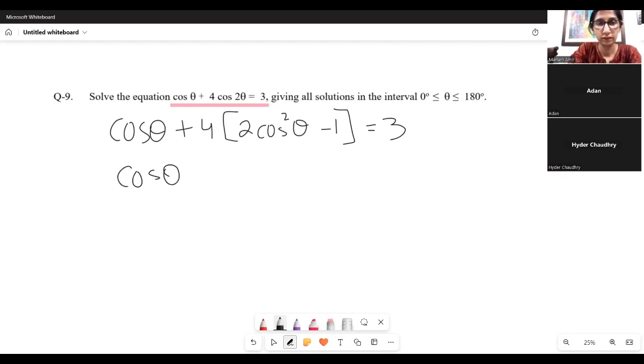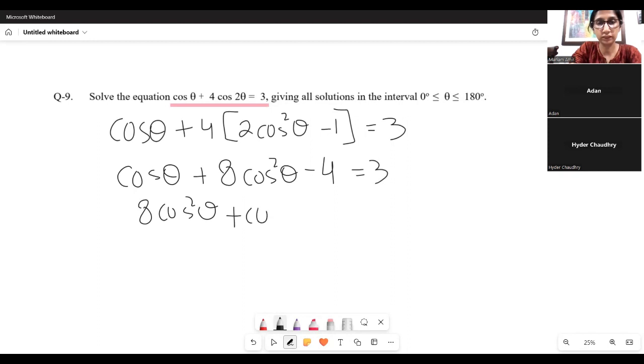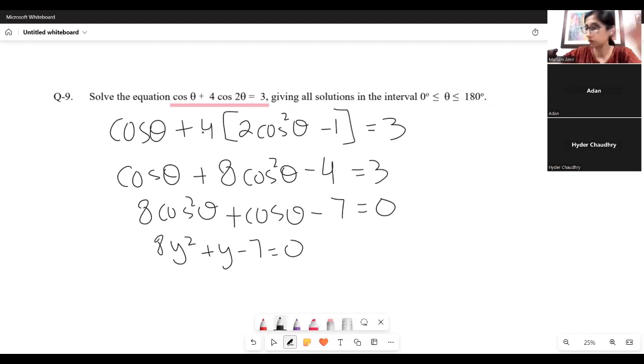Cos theta plus 8 cos squared theta minus 4 equals 3. 8 cos squared theta plus cos theta minus 7 equals 0. So hidden quadratic equation, 8y squared plus y minus 7 equals 0.